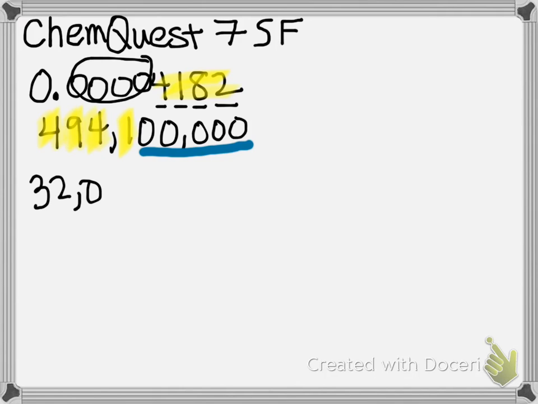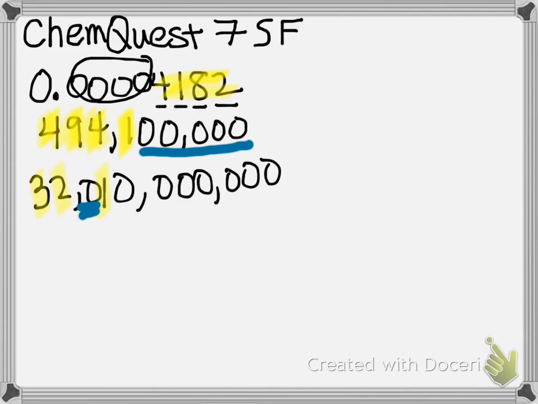Again, easy ones are the numbers that are not zero. This 0 right here is also a significant figure because it is between numbers that are not 0. So those are your 4 and that number.